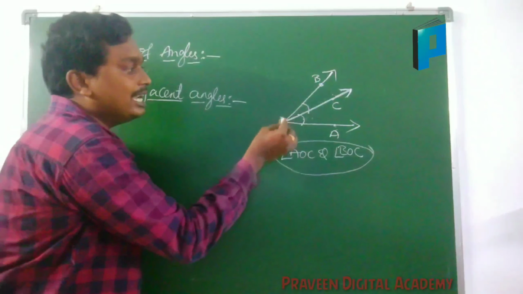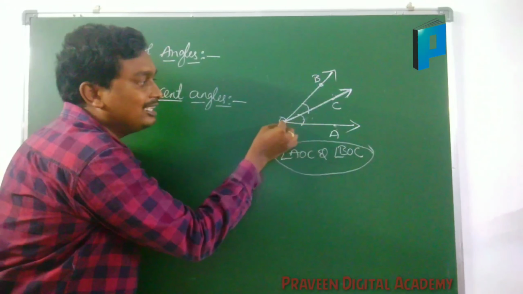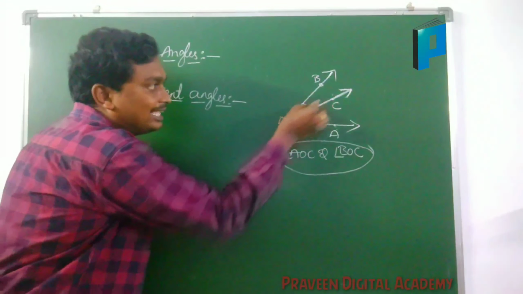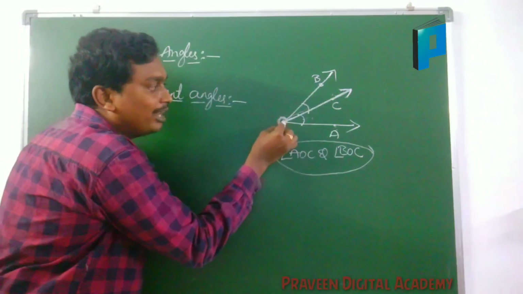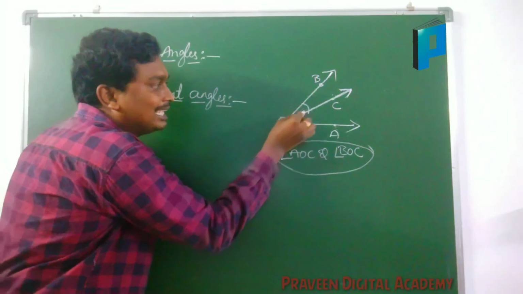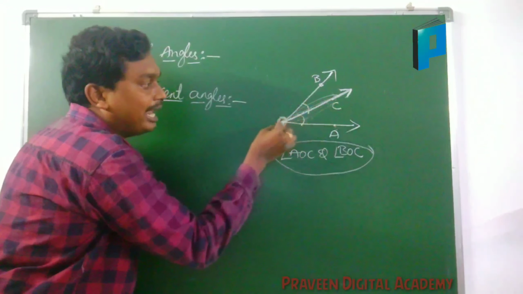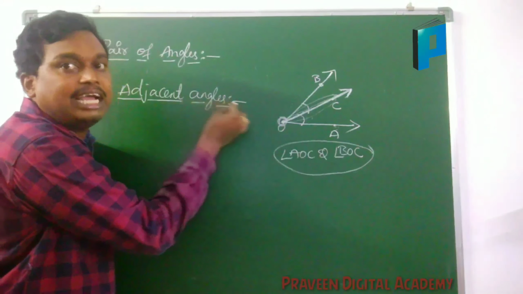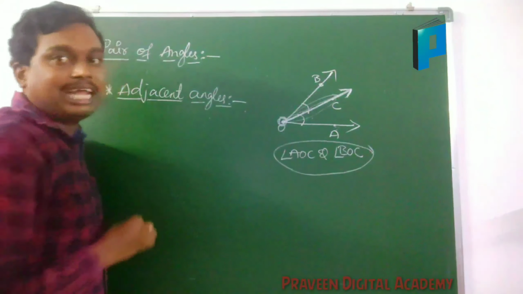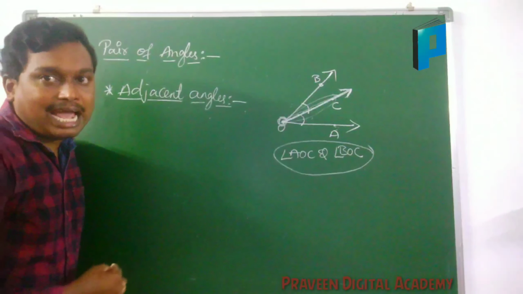Adjacent angles will have a common vertex and a common ray. Here this OC is common for AOC and this OC is common for BOC. So where you have a common ray and common vertex, that kind of angles we call adjacent angles.